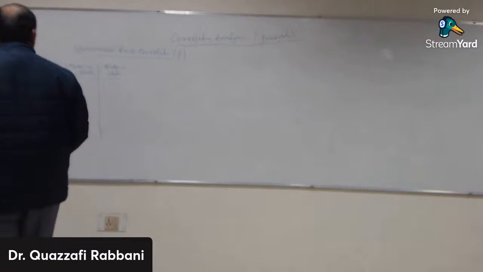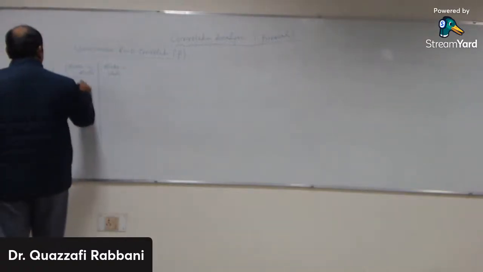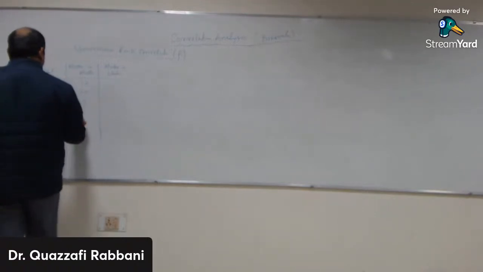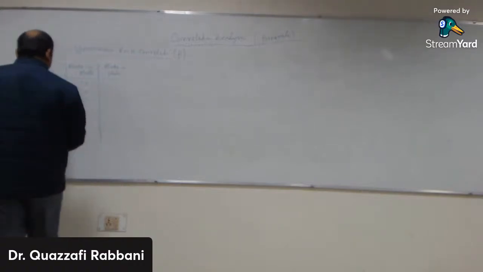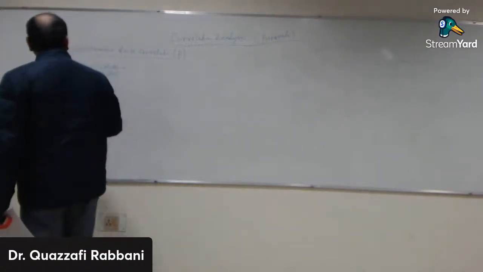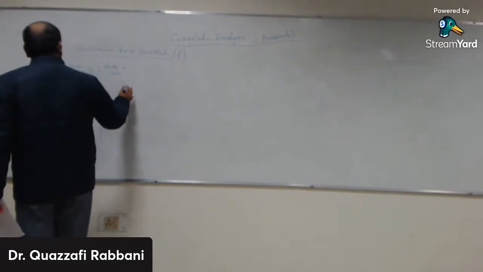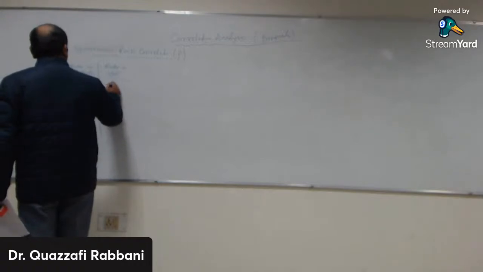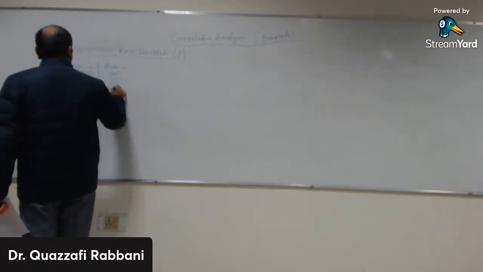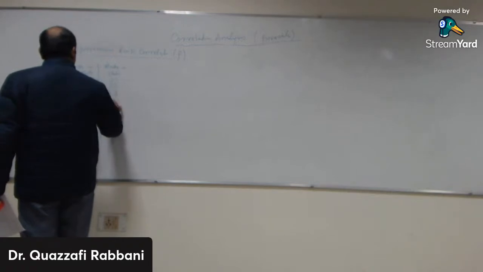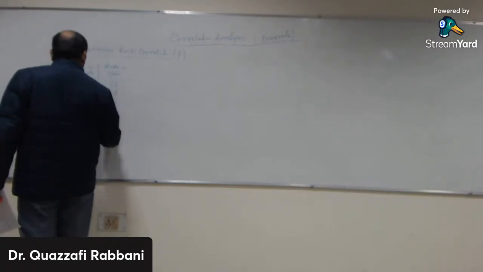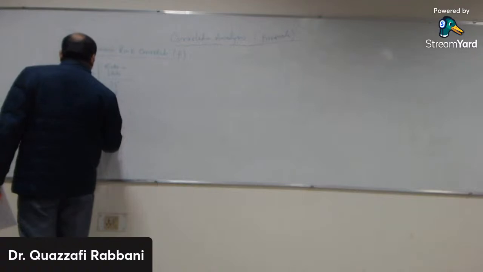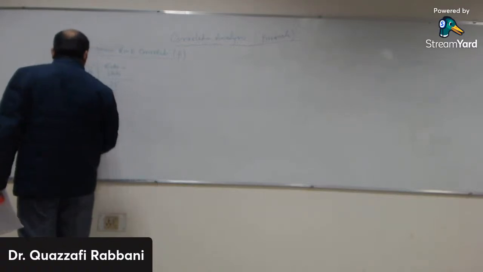And the marks in mathematics are like this: 20, 30, 25, 16, 18, and 10. And the marks in statistics are 25, 28, 16, 15, 20, and 28.